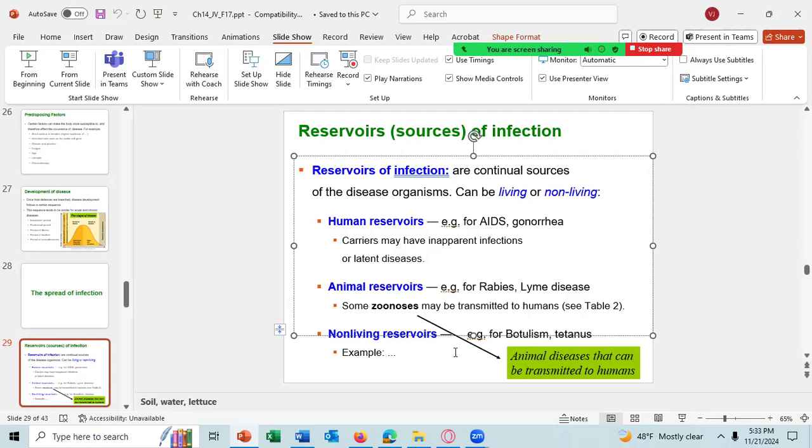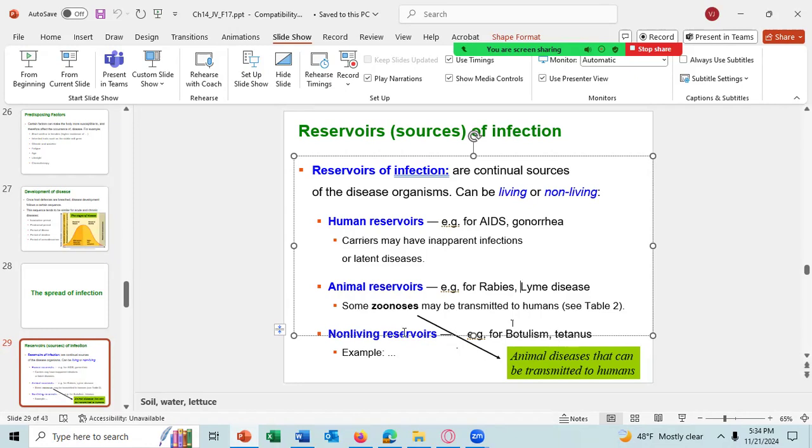Any question about animal reservoirs? And then there can be non-living reservoirs. Certain diseases like botulism and tetanus normally come from a non-living reservoir. Botulism usually comes from canned food. Tetanus usually comes from a puncture wound.